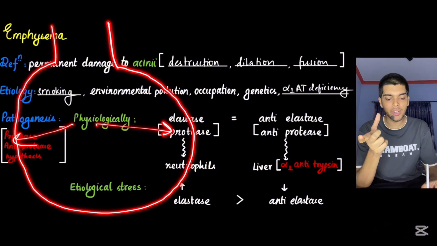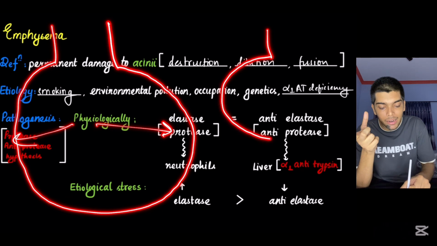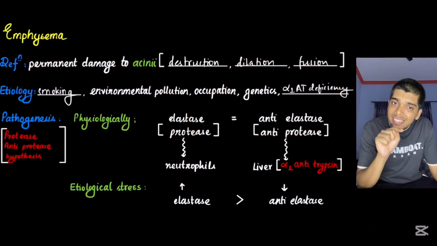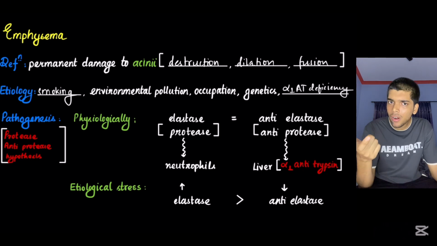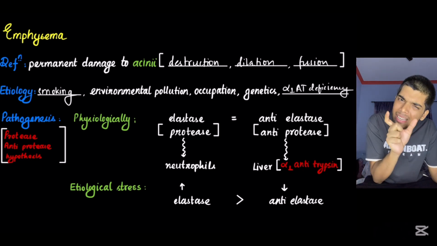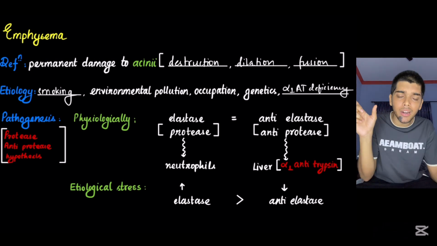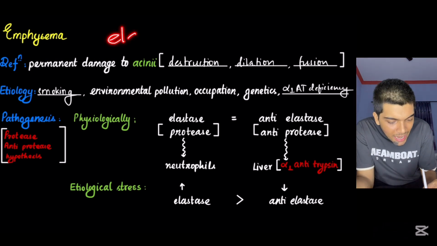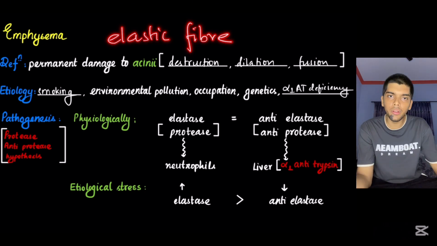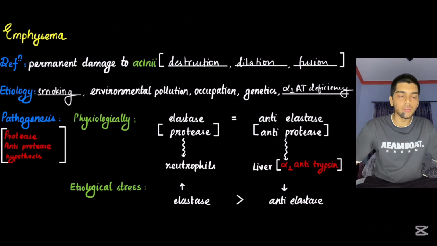After maximum stretch, it recoils back to its original configuration. This elastic property is present in alveoli due to the presence of a specific protein fiber, and that is elastic fiber. Okay. Now let's get into the hypothesis.